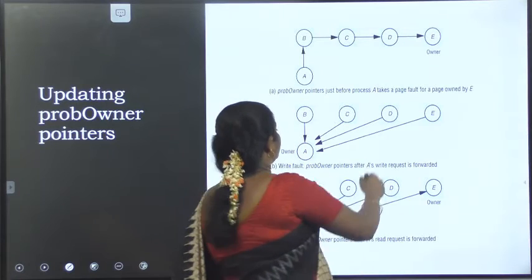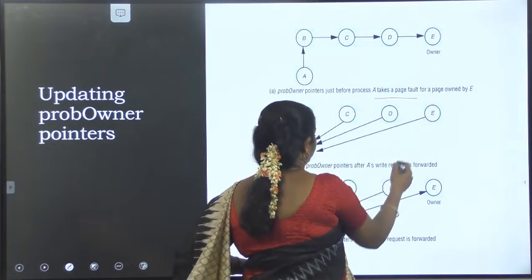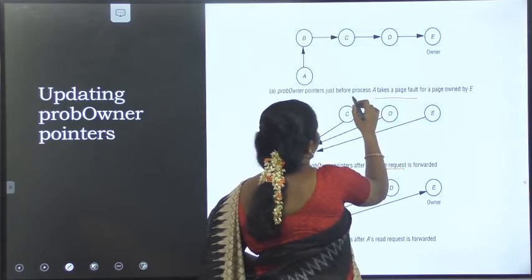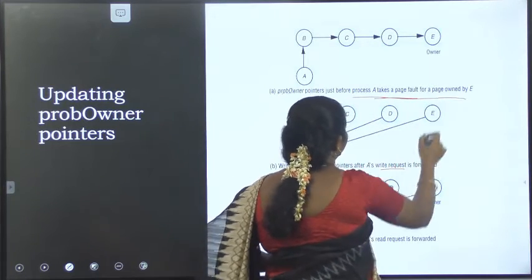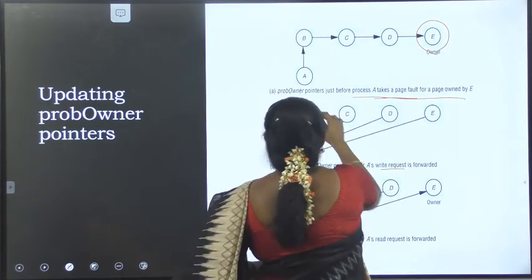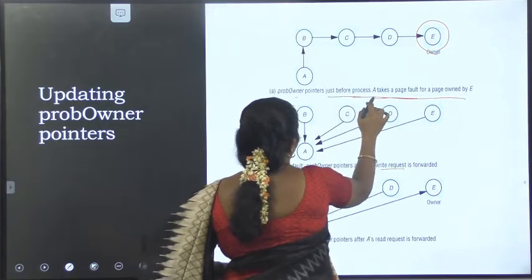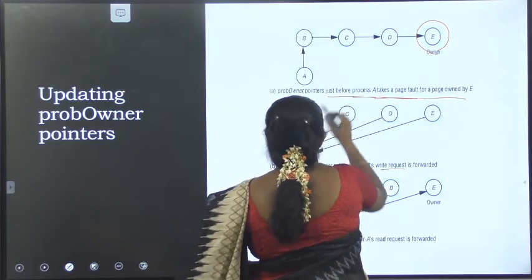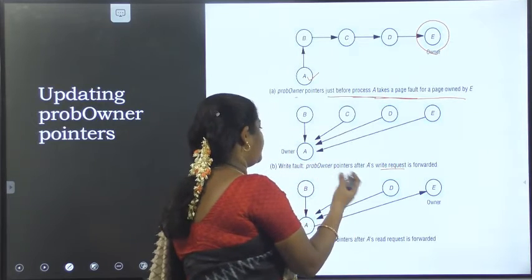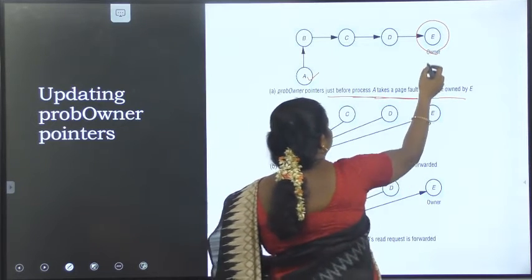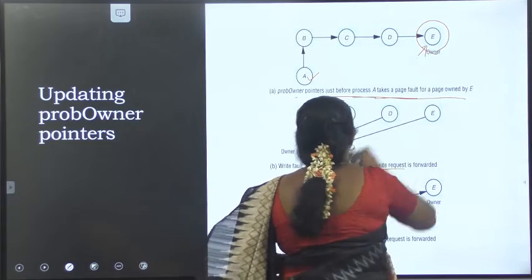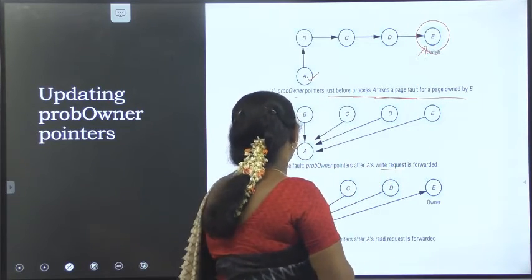Before process A takes a page fault for a page owned by E, the probable owner pointers point to the owner E only.